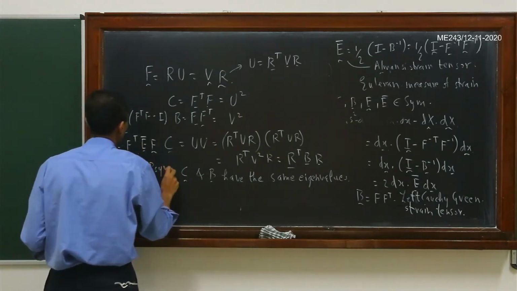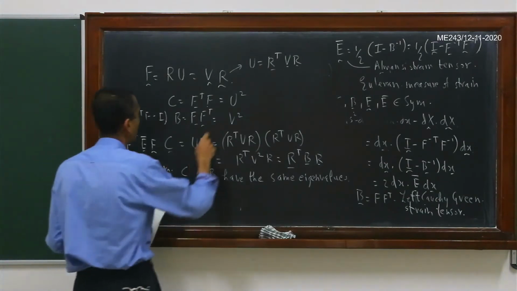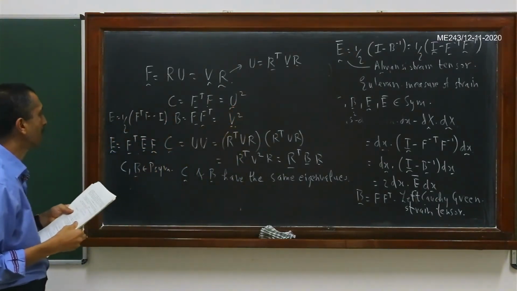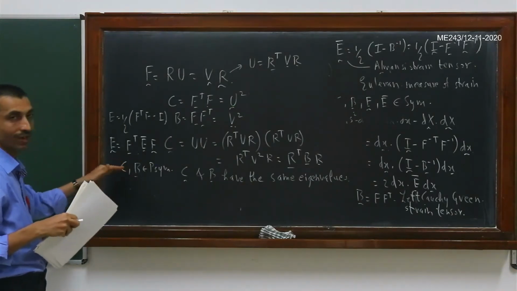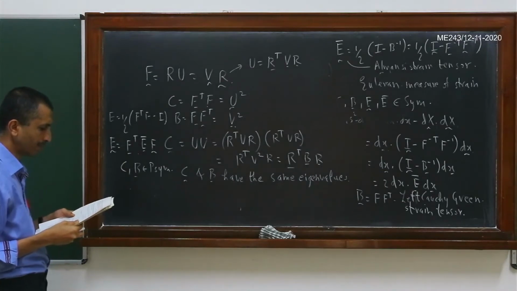That means they are symmetric and positive definite tensors. You can easily show that they are not just symmetric, but positive definite as well.